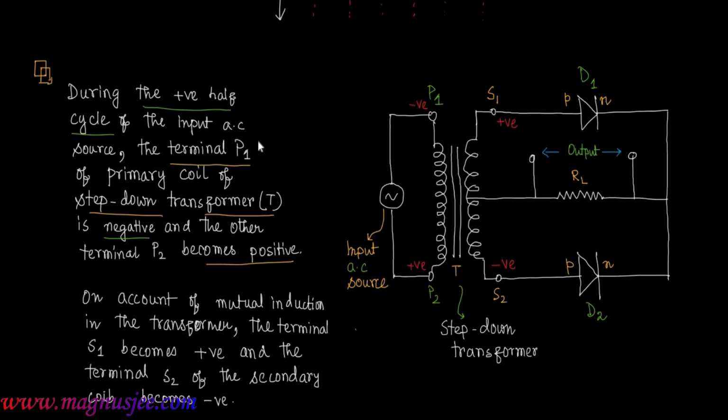And see here, this S1 terminal has the positive potential, and it is connected to the P side. That's why this diode is forward biased.